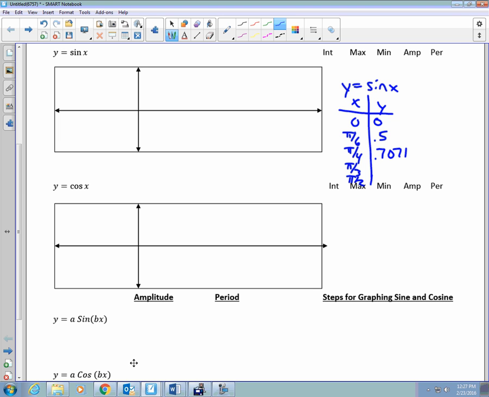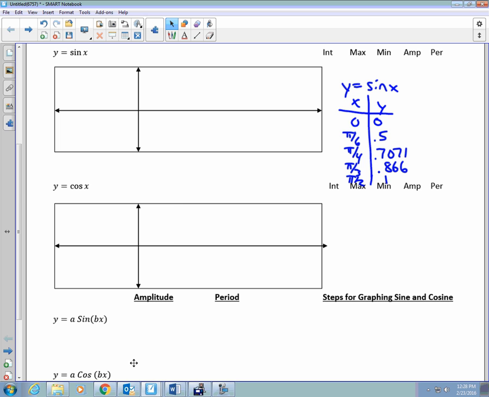And sine of pi over 3 is the root of 3 over 2, or 0.866. And the sine of pi over 2 is 1. I'm going to leave it in decimal form for right now because that way we'll be able to plot it.